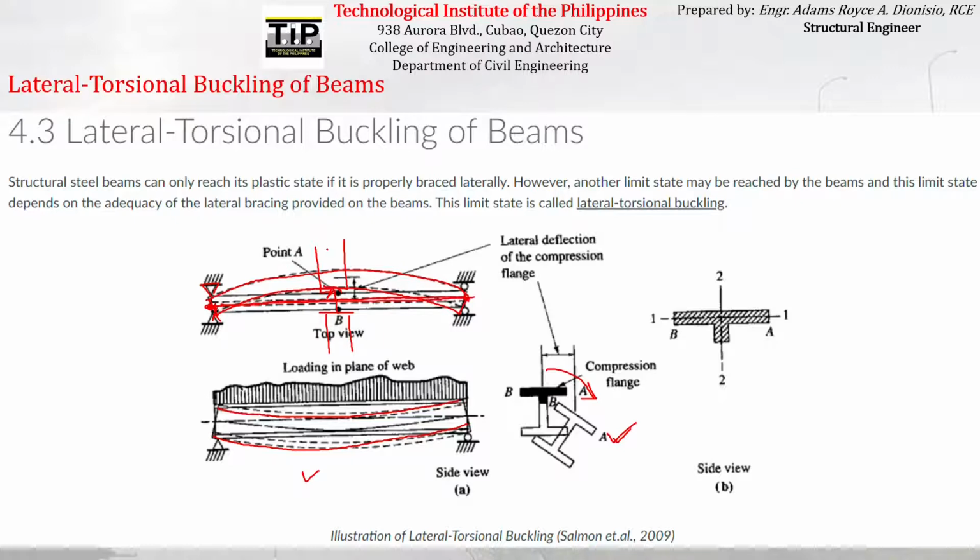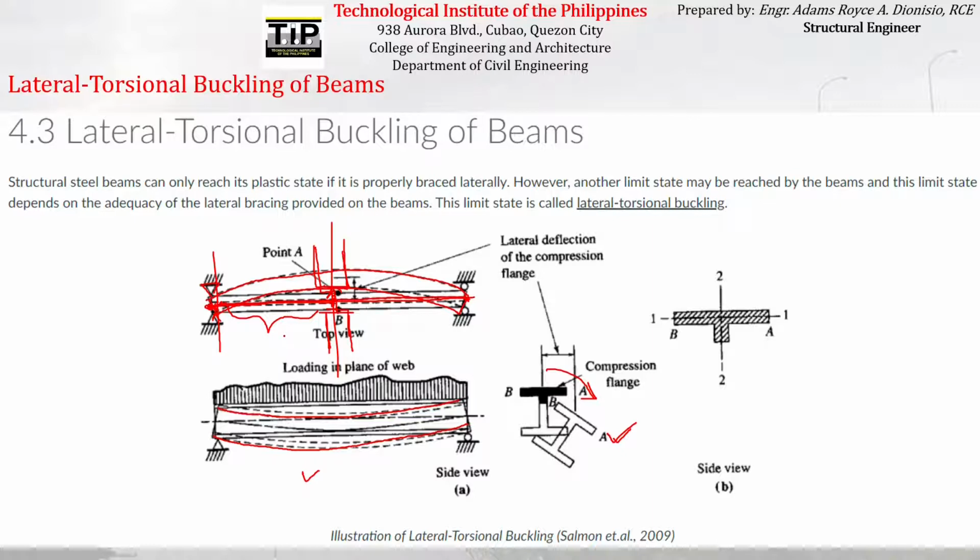But if we provide this particular bracing that we have here, we can see that there will be a bracing at this particular point. So from this point to this point, that is what we call the unbraced length. We have minimized the magnitude of the unbraced length whenever we provide additional lateral bracing.